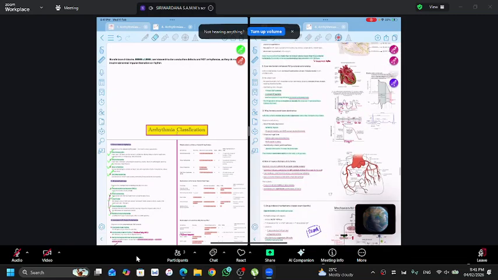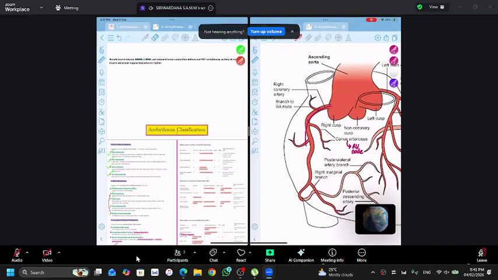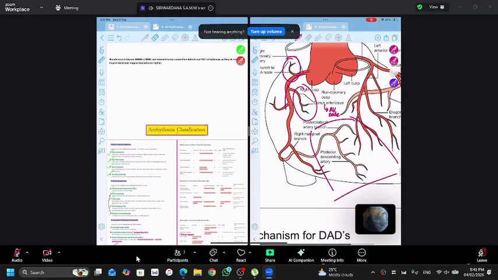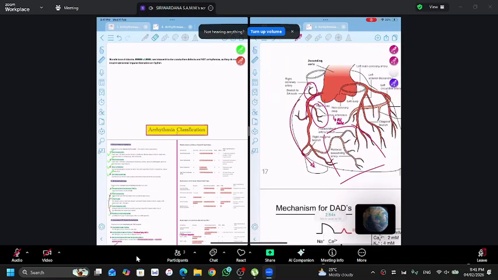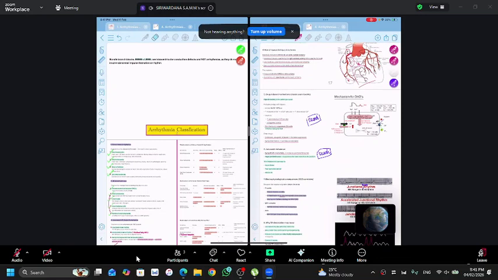The right coronary artery, via the conus arteriosus, supplies the SA node, and the AV node is also supplied by it. The inferior wall is supplied by the right coronary artery. Okay, so there are also drug-induced mechanisms, autonomic imbalances, and electrophysiological consequences, all of that is there.